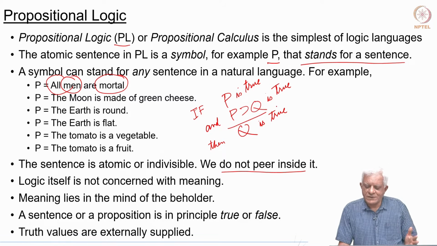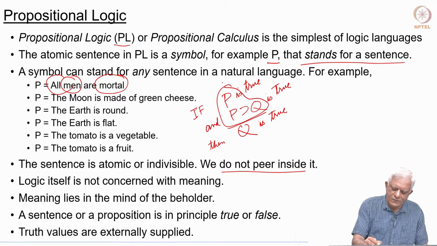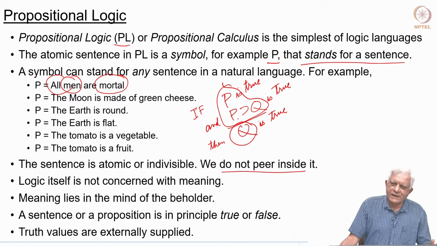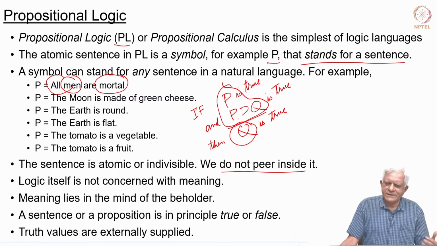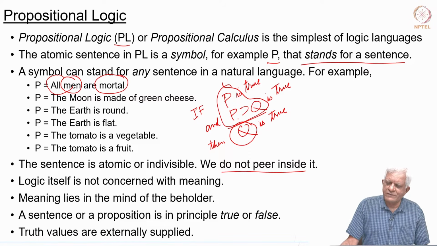But logic itself is not even concerned with truth values. What it says is that if you give me these two formulas, P and P implies Q, then I can add Q to your knowledge base. The fact that the knowledge base is a set of true statements and that the conclusion must be true is the notion of soundness and completeness that we have talked about.